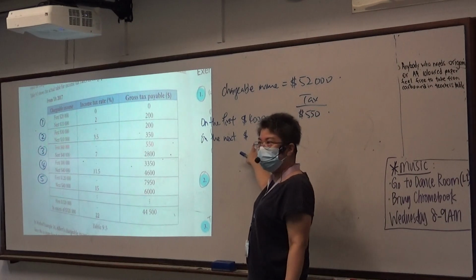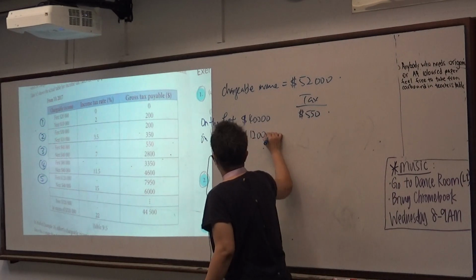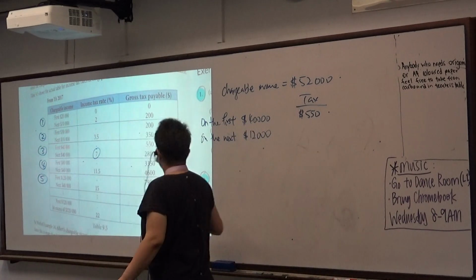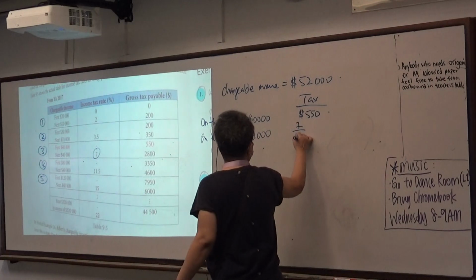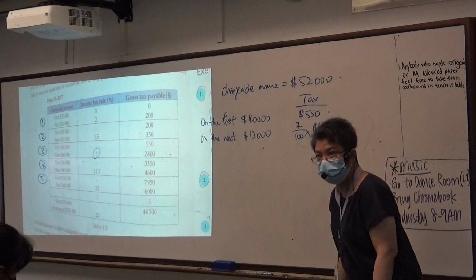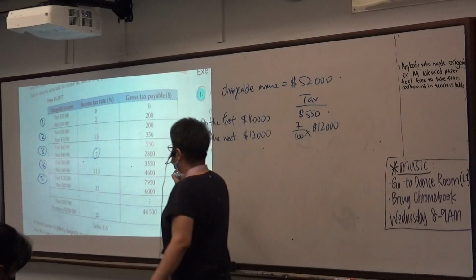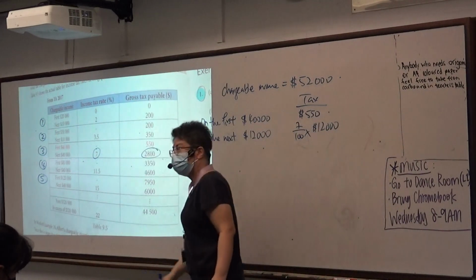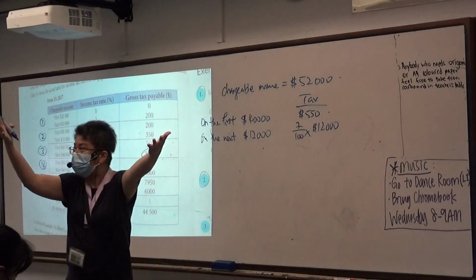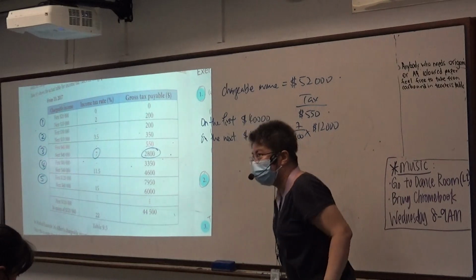Then, now if it's 52,000 and 40,000 is being charged already, how many thousand left to be charged? Do you agree this one left 12,000? Okay, and how many percent is this? 7. So, I will have 7% times 12,000. Now, I want to ask, how come we don't take this? Because this is for the next 40,000. Have we reached 40,000? Not yet, so we must segregate it out.